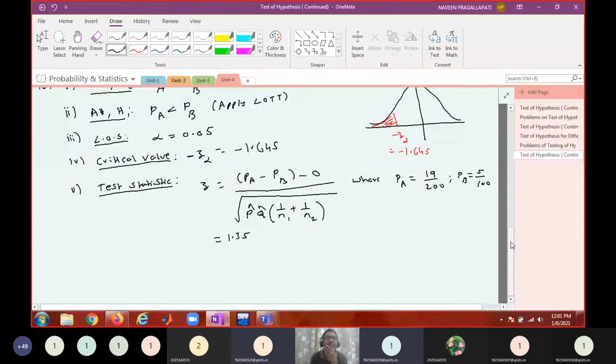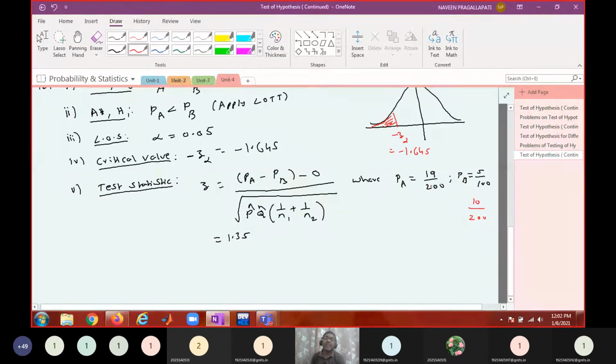1.35, sir. How come it could be 1.35? PA value is less than PB value, no? Which one is smaller? Tell me, PA or PB? This is 10 by 200. PA value will be higher.